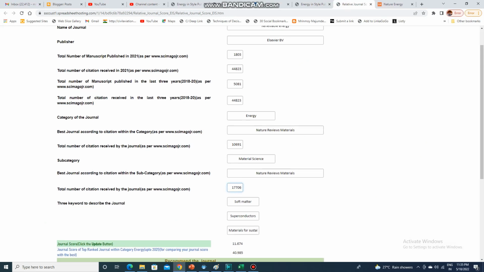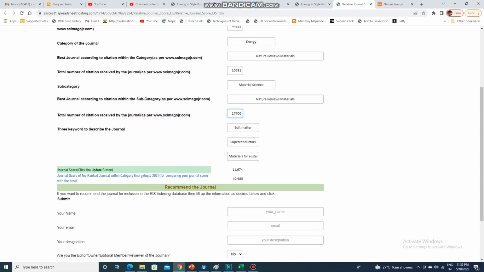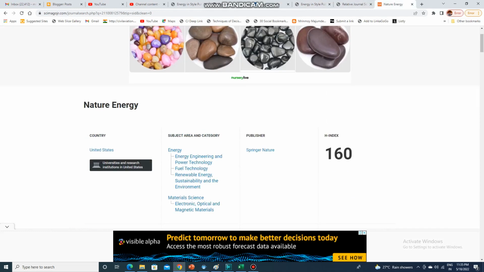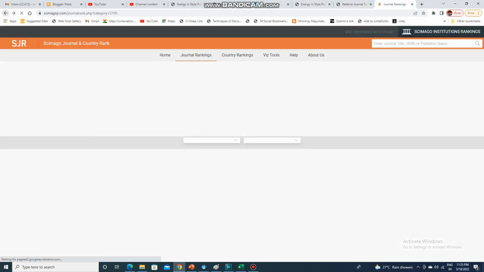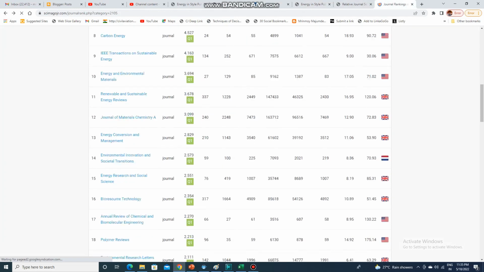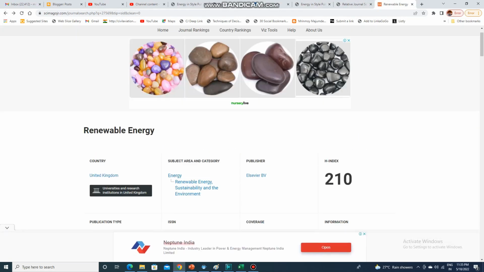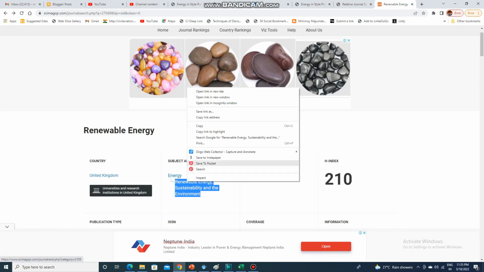Correct. And then you give three keywords to describe the journal, Renewable Energy. Okay, and here as we have seen, the subcategory is not materials science. Subcategory is this one.